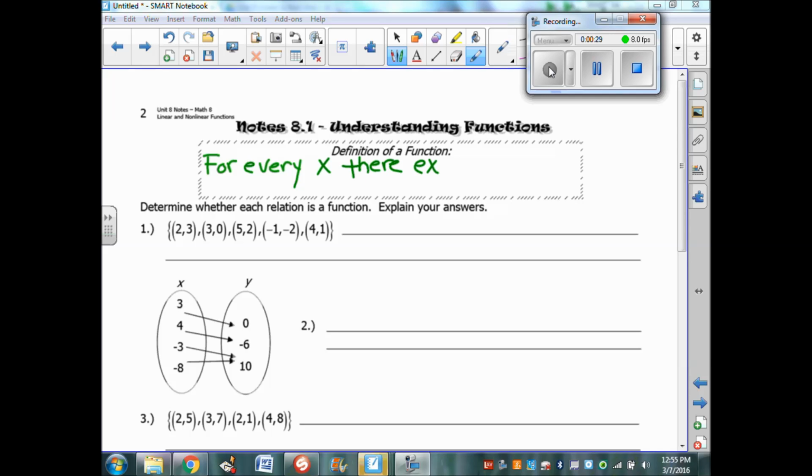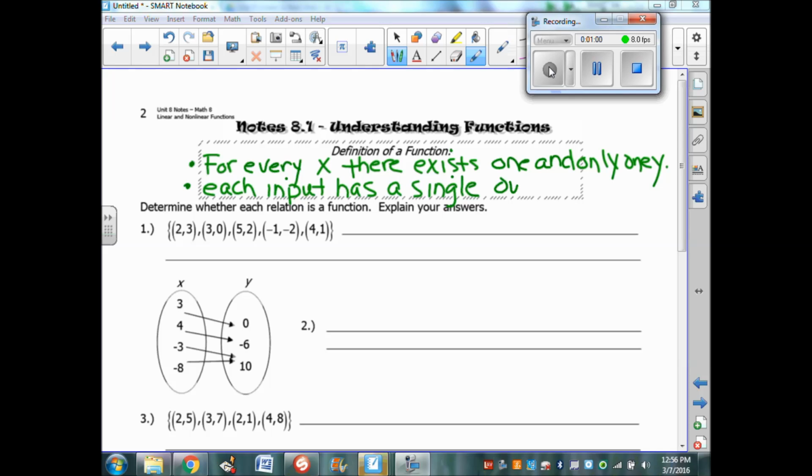In other words, we could also say it this way: each input has a single output. And once we look at the examples, these definitions will start to make sense.